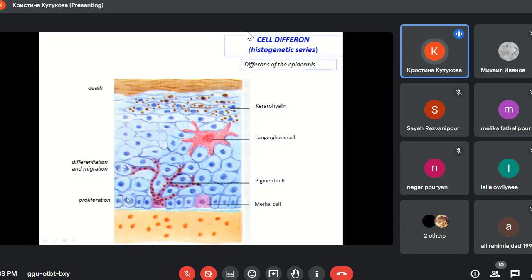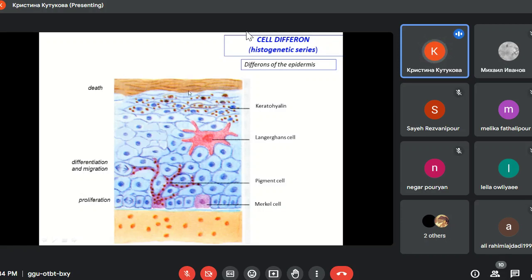At the basement layer, lying upon the basement membrane, you can see a dividing cell. Here proliferation takes place, so here we have stem cells, which next go upwards to the surface of the skin. From stem cells, first they become differentiating cells, next fully mature cells, and next dying cells. Death of the cells leads to formation of squames of the skin.